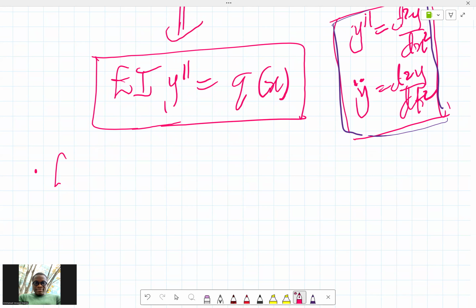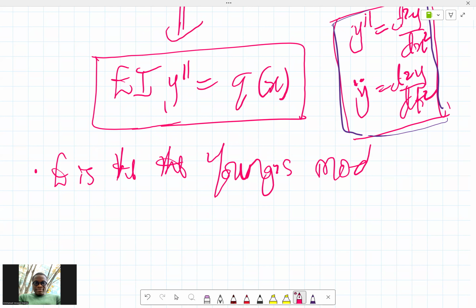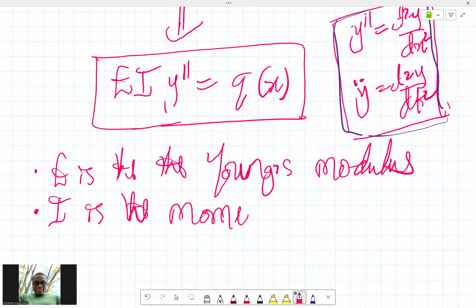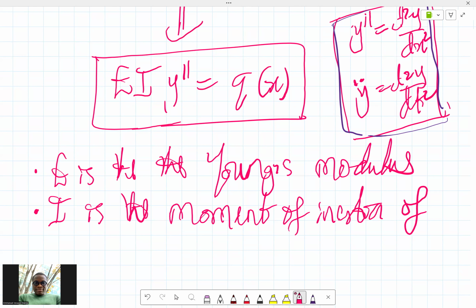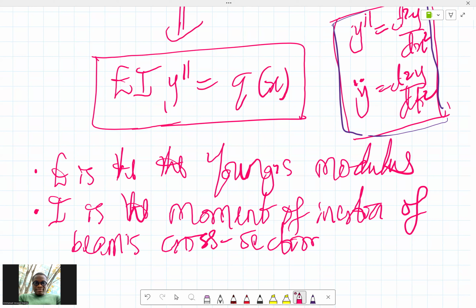Here E is the Young's modulus, and I is the moment of inertia of the beam's cross section. Remember that inertia is the reluctance to motion when a body is at rest, or reluctance to come to rest when a body is in motion.